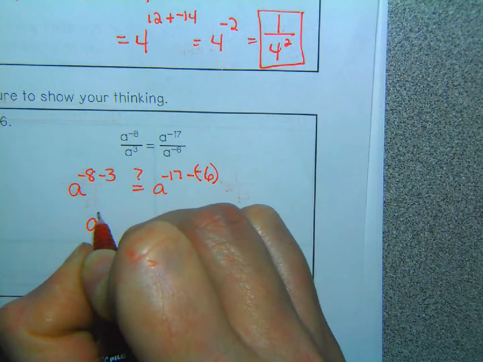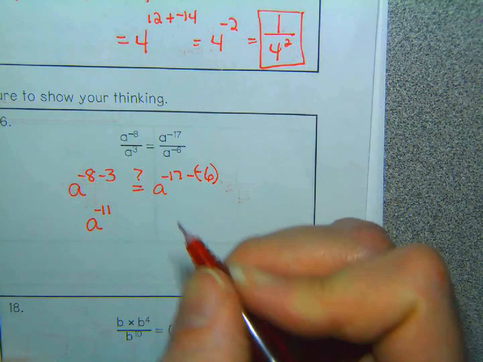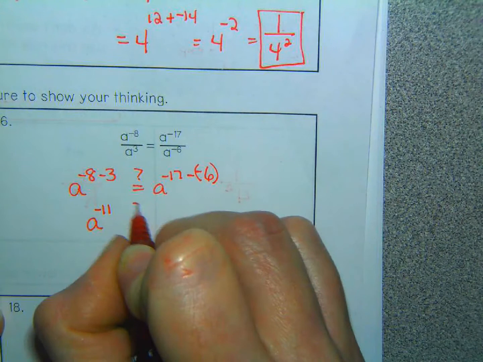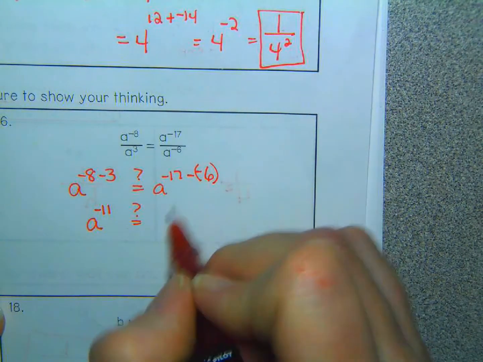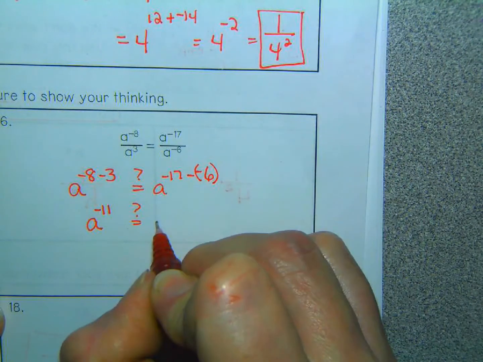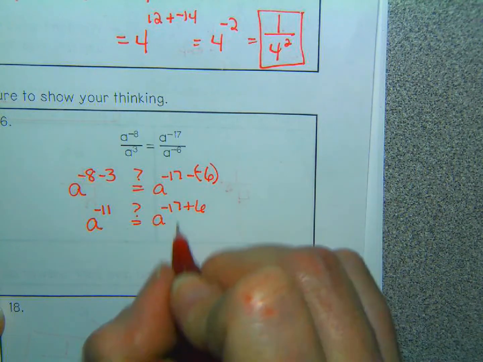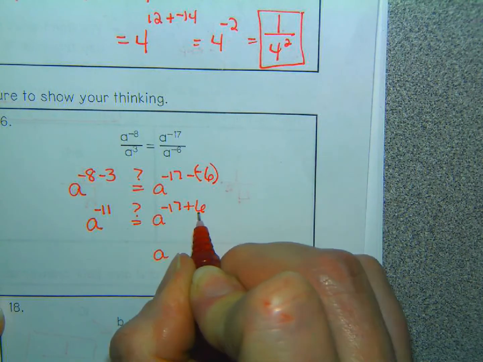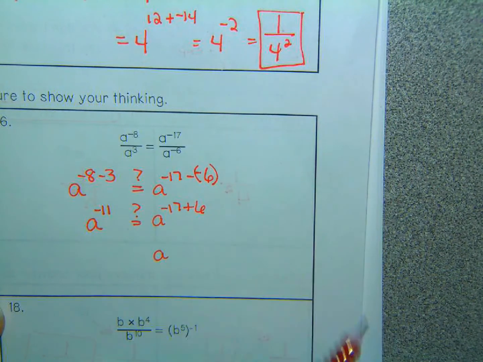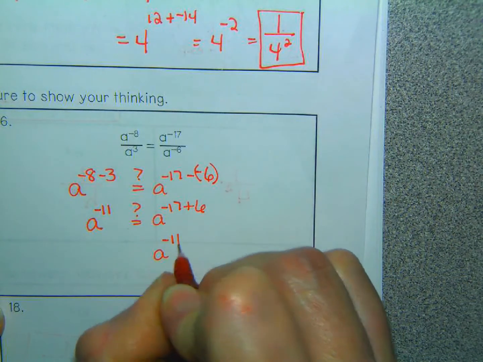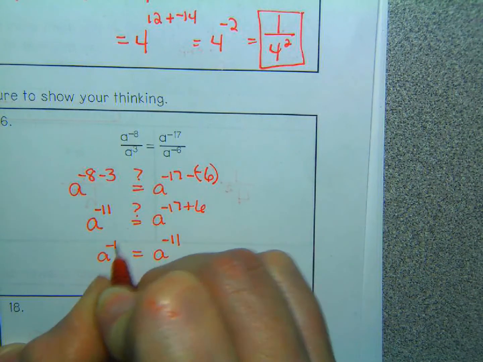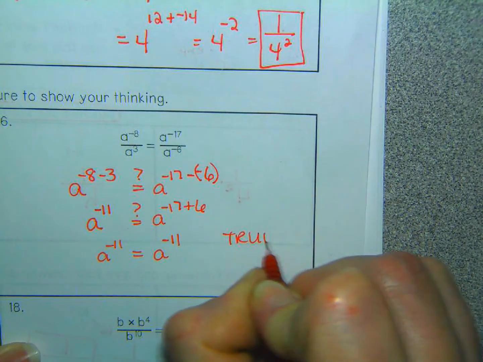Negative 8 minus 3, that's negative 11. And this is a to the negative 17 plus 6. And negative 17 plus 6, that's negative 11. And because those are equal, that is a true statement.